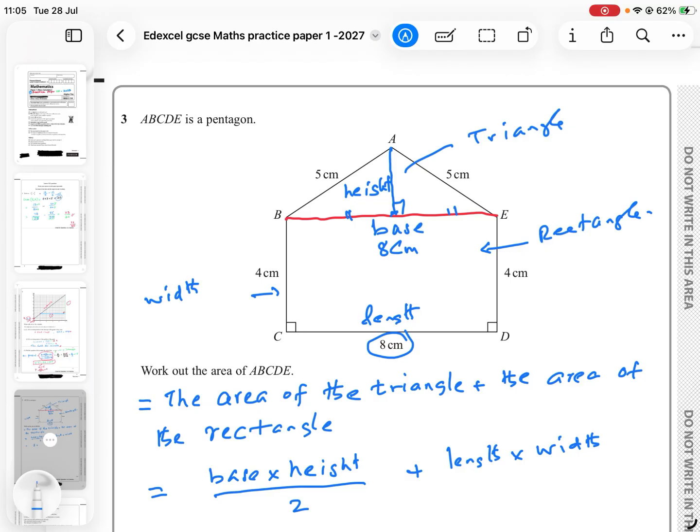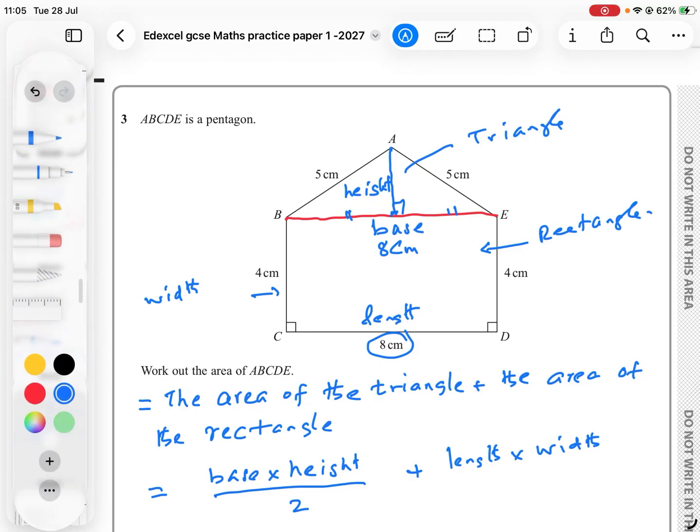So that means this one is 4 centimetres, this one 4 centimetres, half, because of the isosceles triangle. So the perpendicular line always bisects exactly the same.